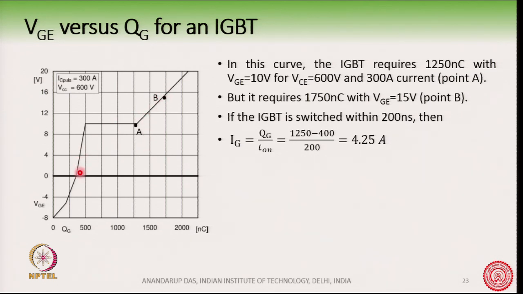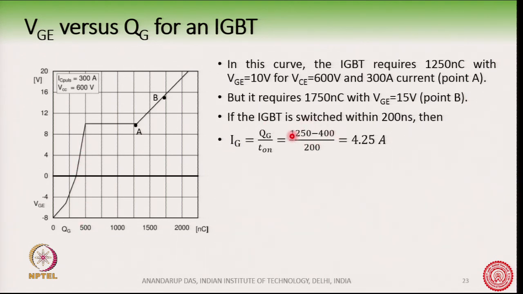The total charge needed is where the switching loss is happening, and that region we would like to keep at 200 nanoseconds. So, the charge required is 1250 minus this point here, where 400 nanocoulomb is already taken away.